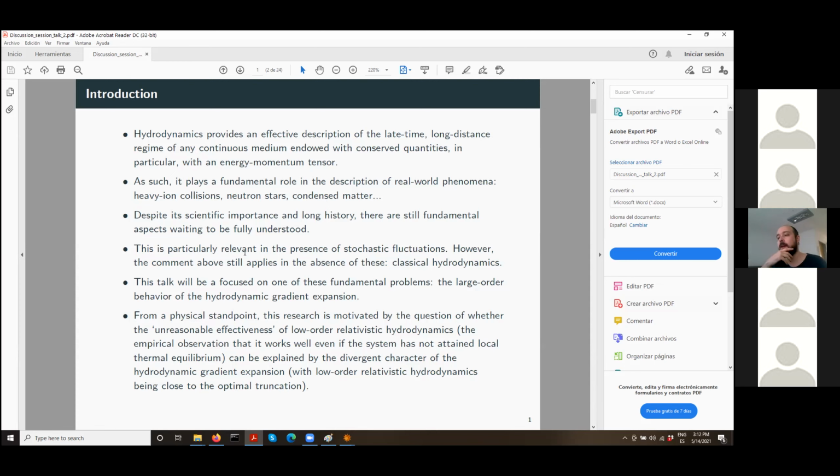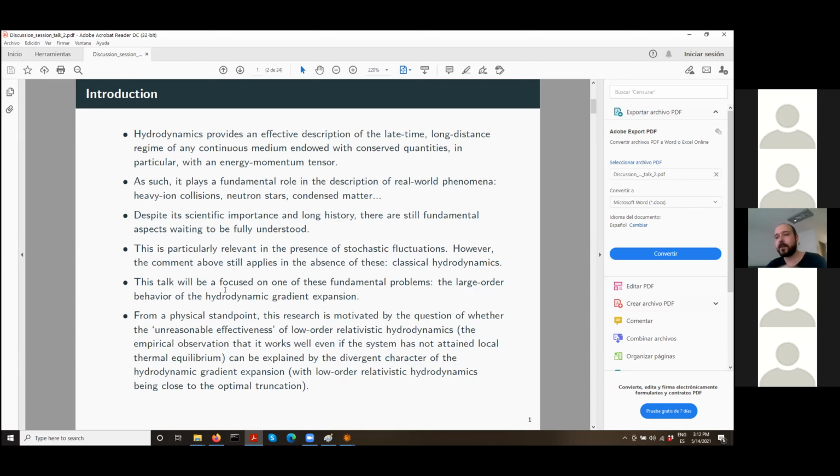And we ended this morning's discussion session talking about this very topic. But it's a comment that also applies to the situation in which stochastic fluctuations can be neglected. So I will refer to this scenario as classical hydrodynamics, and as Michał beautifully put in his talk on Tuesday, classical hydrodynamics is just a classical field theory with dissipation, okay?